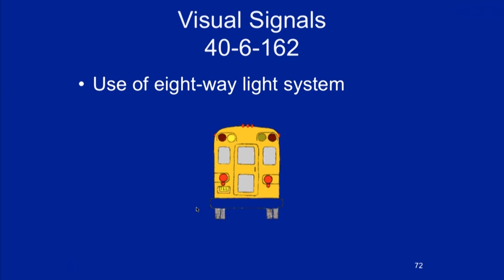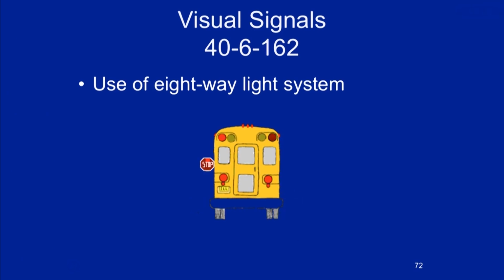The other time when you're not to use the 8-ways is if you are within 30 feet of an intersection that is controlled by a traffic control signal or a police officer. Most of our routes are designed in such a way that you're not going to be loading and unloading students at an intersection where there is a traffic light.